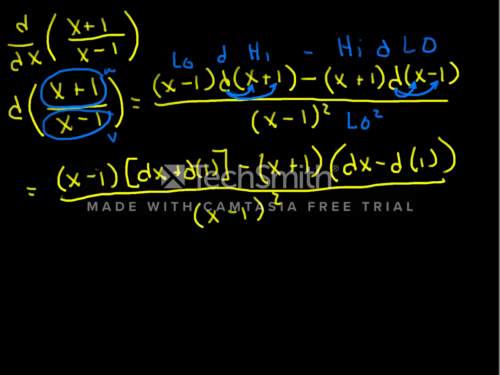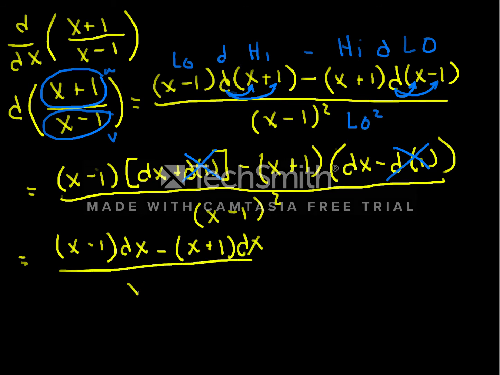Now, d1, as we know, is 0. That's the differential of a constant, so it zeroes out. So I end up with x minus 1 dx minus x plus 1 dx all over x minus 1 squared.